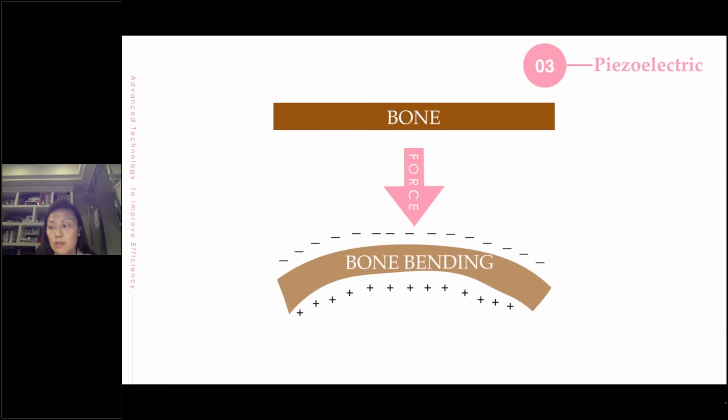When the force is applied to a tooth, the bone bends, as you can see here in the slide. The areas of concavity on the top are associated with negative charge and cause bone deposition. Areas of convexity on the bottom are associated with positive charge and cause bone resorption.